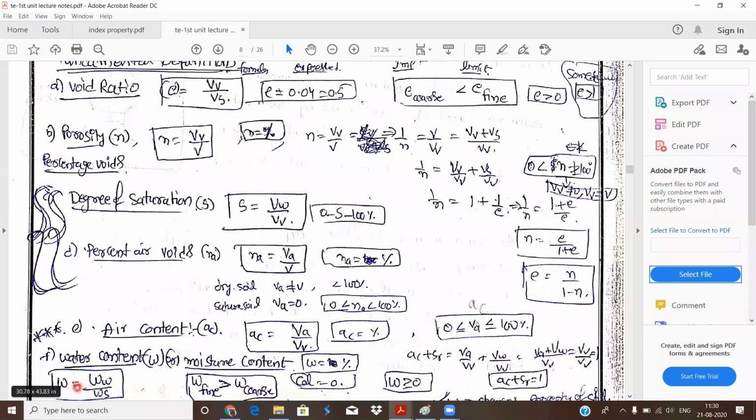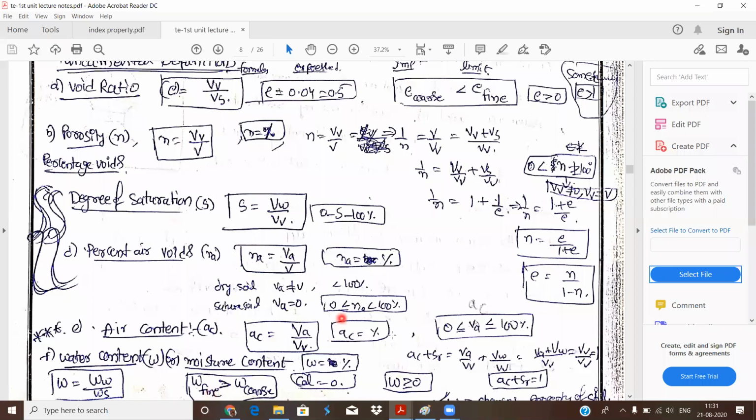Water content is the ratio of weight of water to the weight of solids. Generally, water content is more for fine grained soil compared to coarse grained soil, because fine grained soils have small particles, so the adhesion forces are more. Due to adhesion forces, the fine particles attach to the water. That's why water content is more for fine grained soils compared to coarse grained soils.